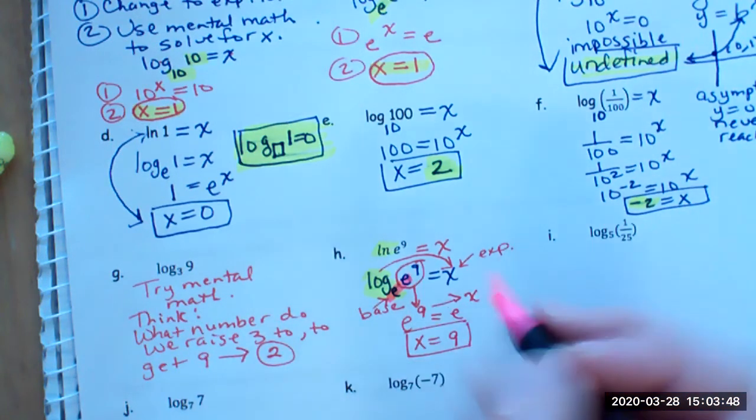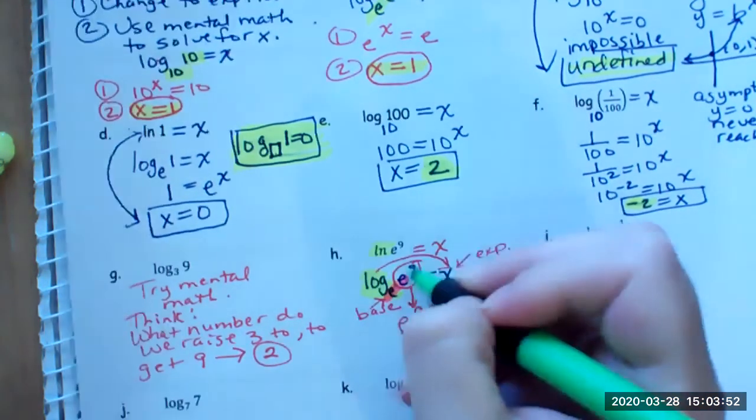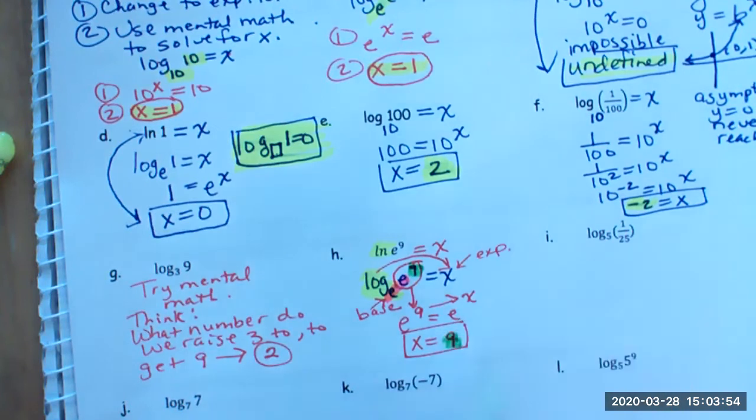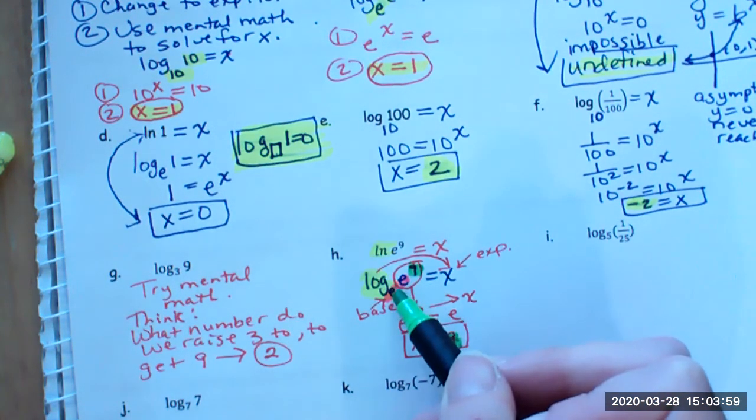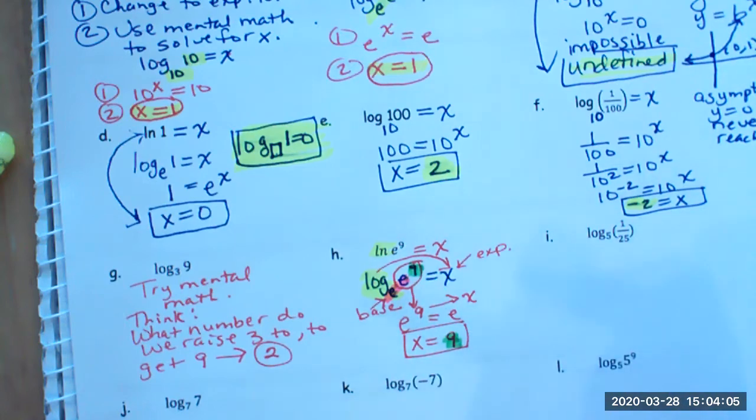You notice there's the 9s, they match up. So if the bases match, the answer is whatever that exponent is. Okay.